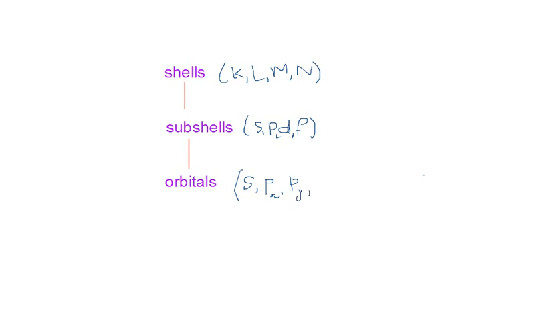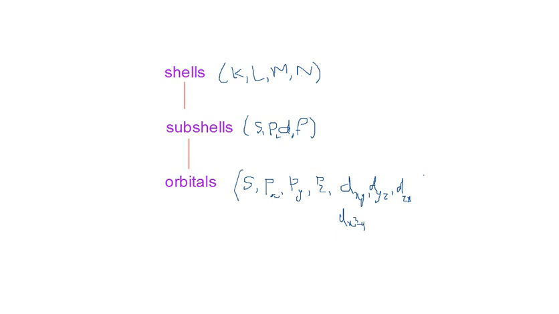And next, in the D subshell we have dxy, dyz, dzx, dx square minus y square and dz square.